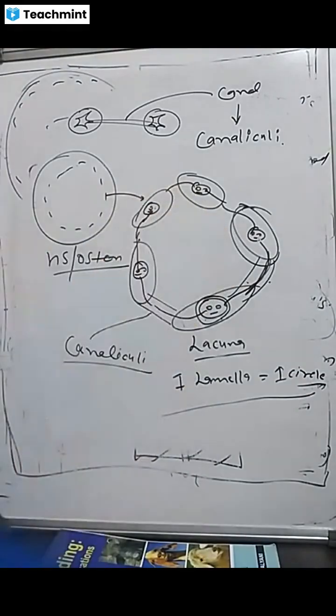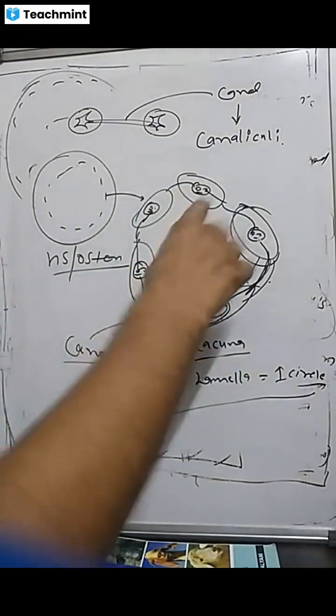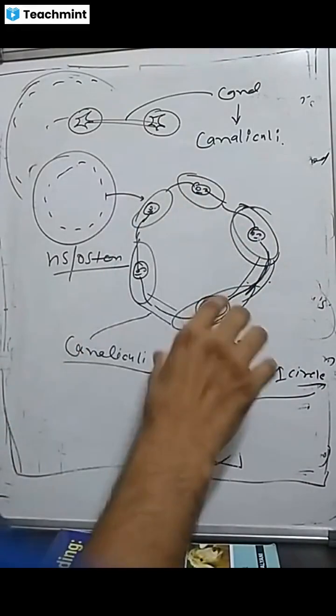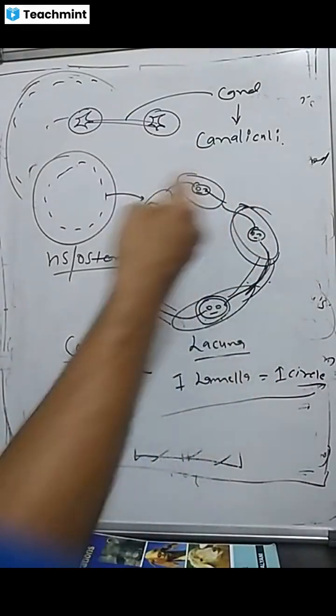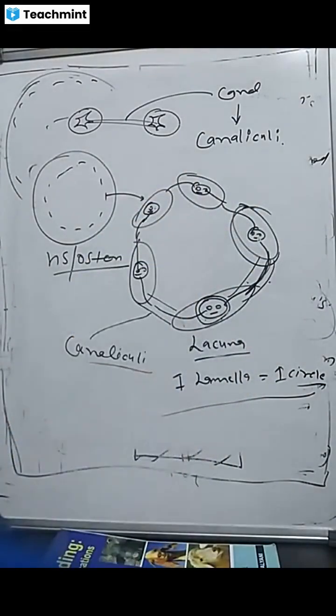This is the inside structure of a single lamella, where osteocytes are present inside the lacunae, empty spaces, and they talk through the canaliculi.